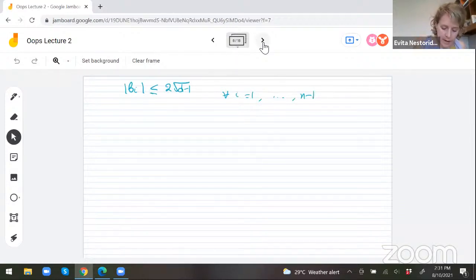This is the optimal bound that one can hope for. You cannot have a smaller bound for the eigenvalues, and this is a result of Alon and Boppana. So this is one natural way that this could come about.